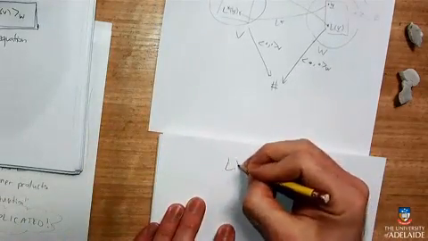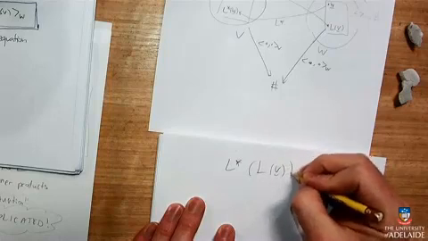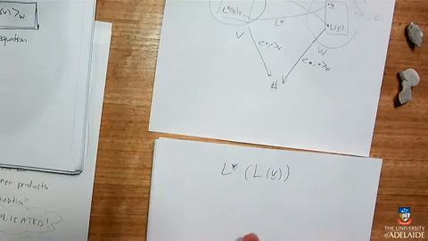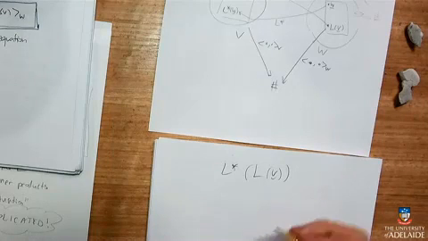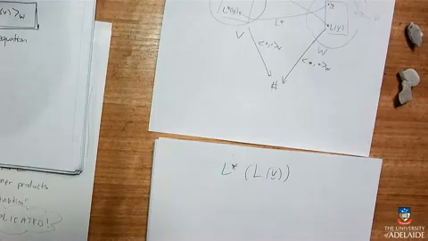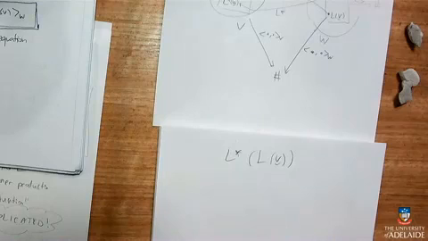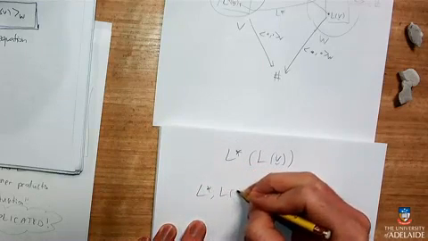If I did L star on L of V, would it produce V sometimes? Well, I just want to try something.